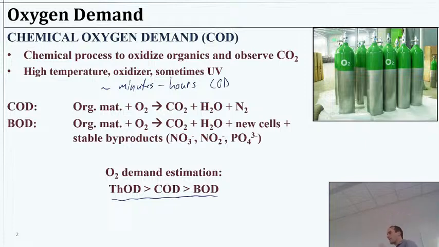So this is just a quick overview of the ways we can measure the oxygen demand. Ultimately, if we do COD, we're pretty much getting everything to CO2, water, and other products like nitrogen gas, N2. We usually consider this complete oxidation, or at least very nearly.